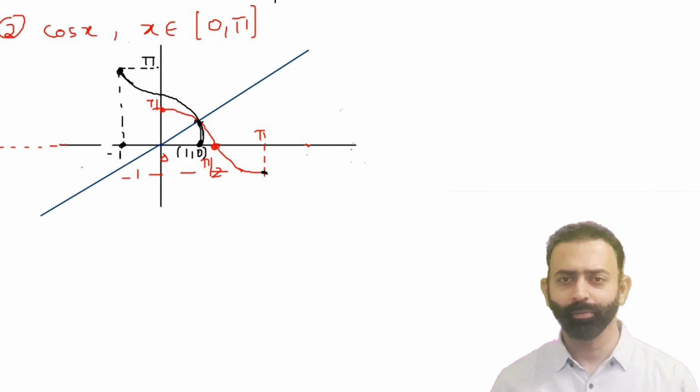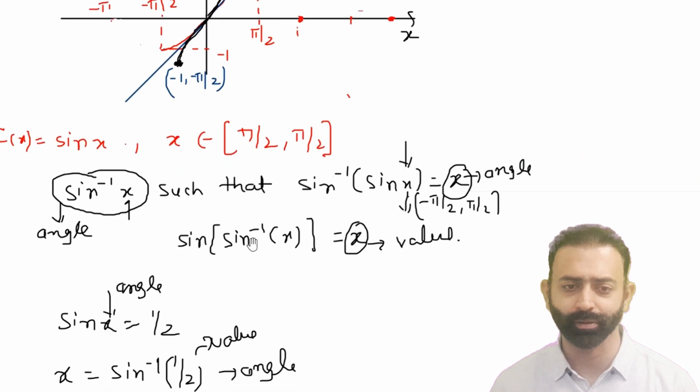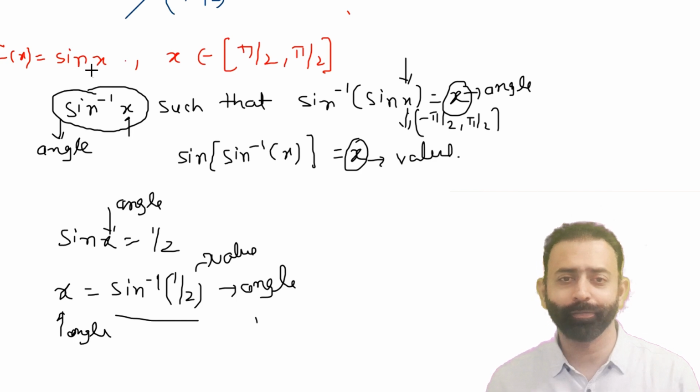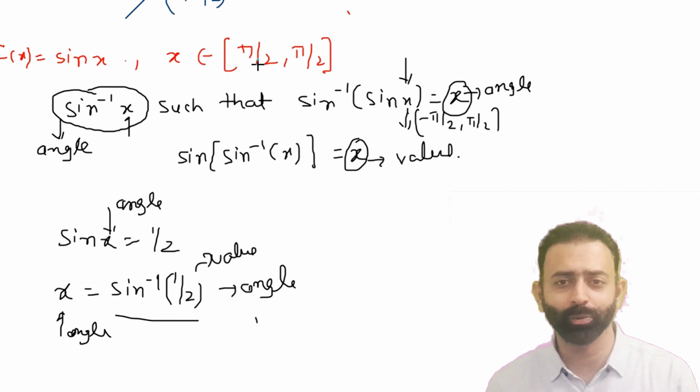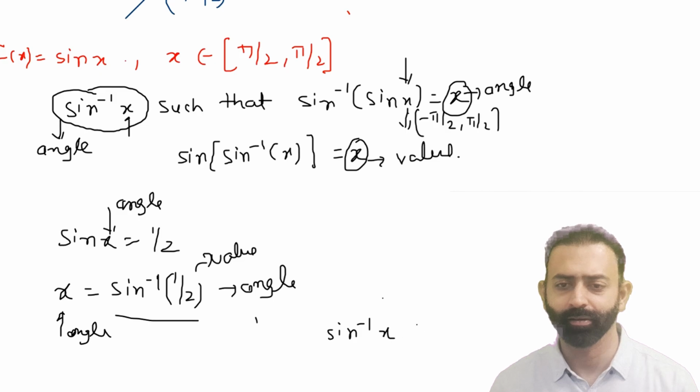One more thing, in sin x I forgot to mention the domain also. We did not play with the domain and range of sin x. Let us talk a bit here also: the domain of sin x is from -pi by 2 to plus pi by 2, and that becomes the range of sin inverse x, meaning sin inverse x will lie between minus pi by 2 to plus pi by 2.